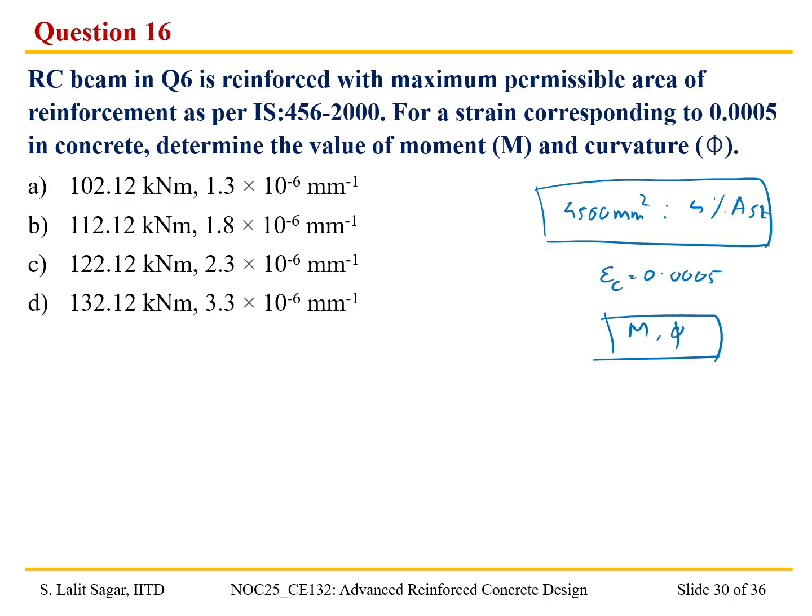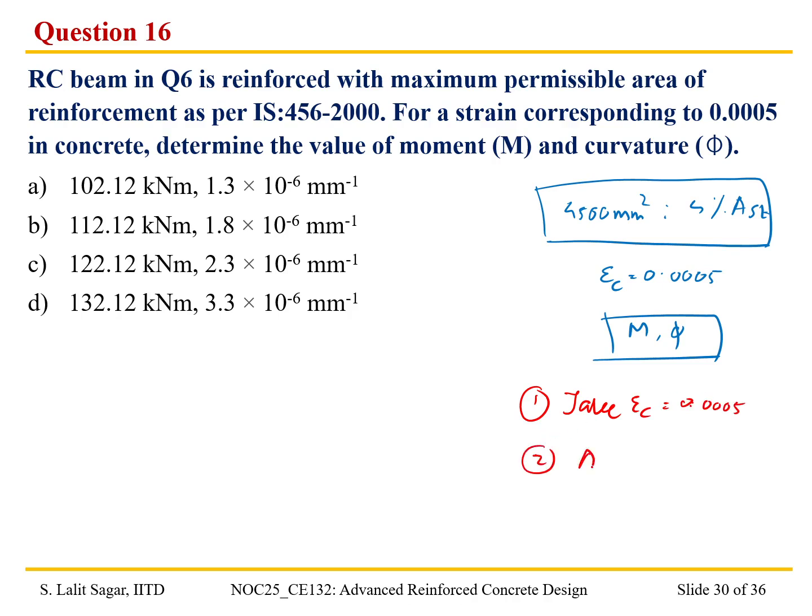Okay, and the algorithm remains the same. So I'm going to just recap the algorithm to determine the M and phi once again. We take a certain value of epsilon c, here it is 0.0005.